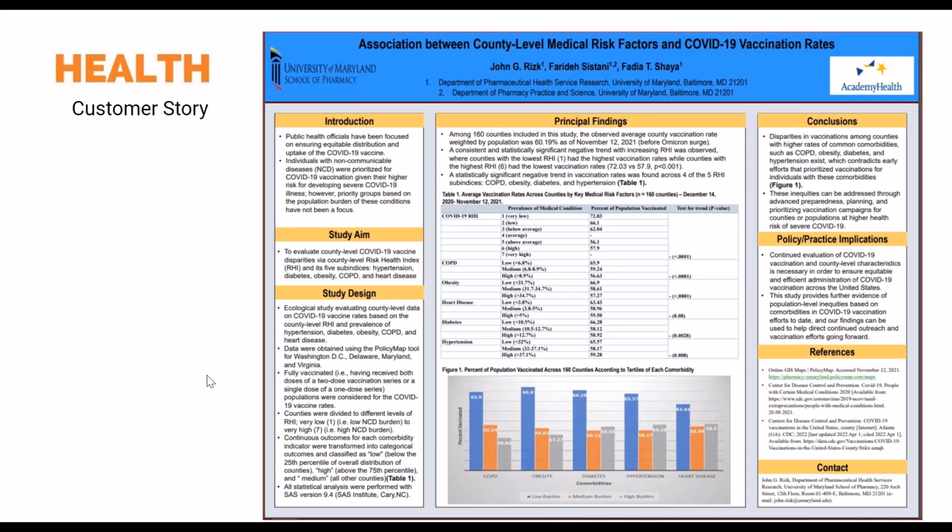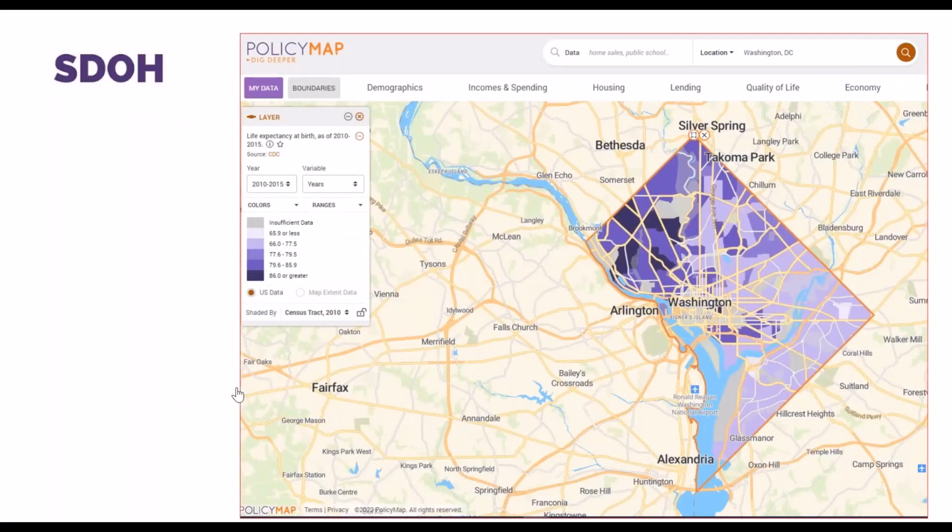Dr. Shaya did a study, and we have a really nice customer story within our customer stories that will show how she took our data and used it in their analysis to take a look at their insurance claims data that, of course, was anonymized, and they were able to take a look at medical risk factors and vaccination rates. So I encourage you to really take a close look at our customer stories and the newsletters.